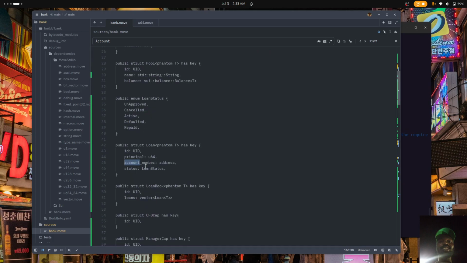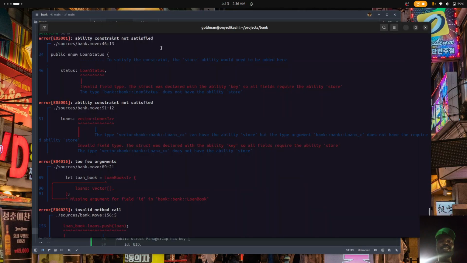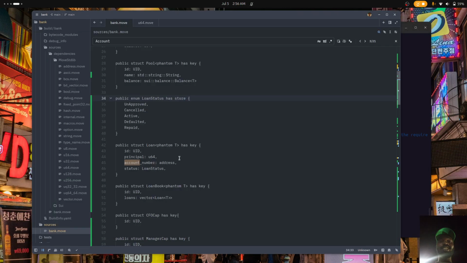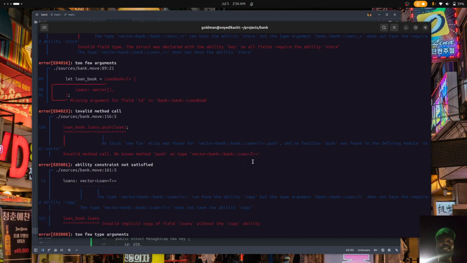Six. Okay, the bank loan needs store, so it can store some stuff. It can have another asset, another struct in it.